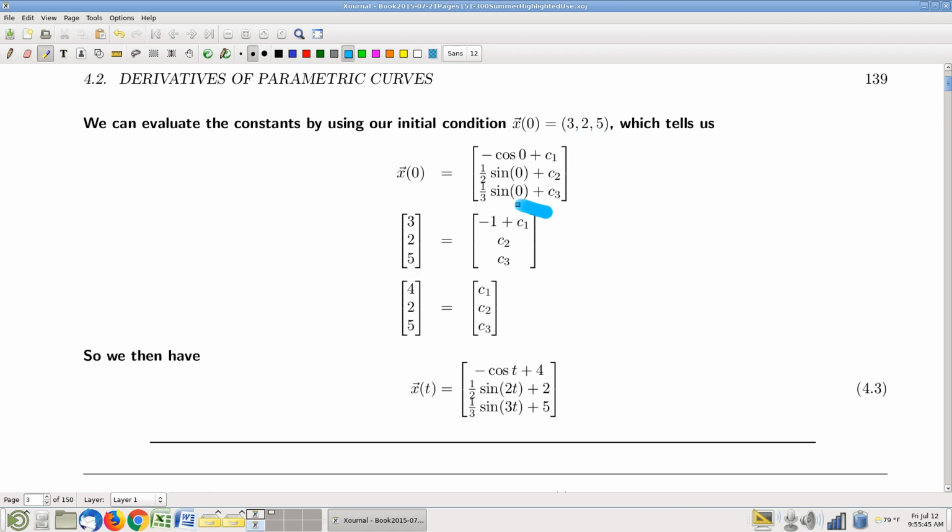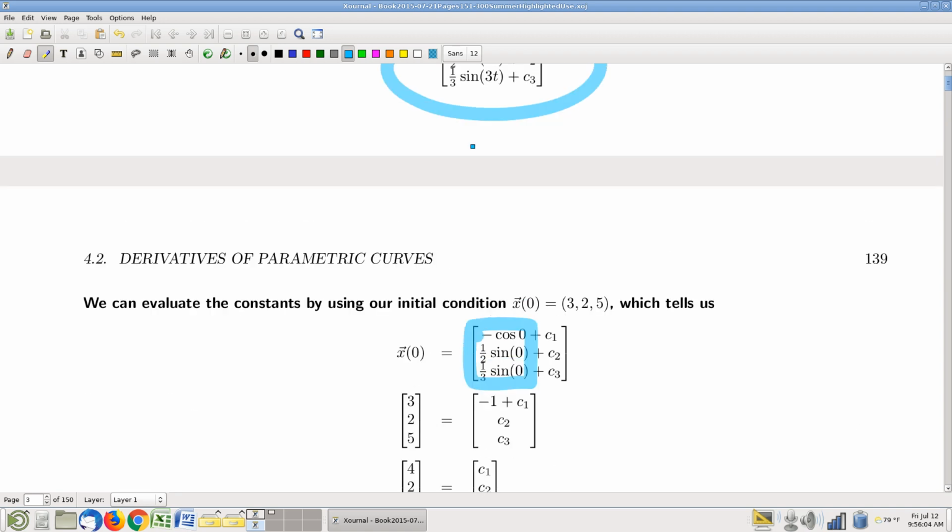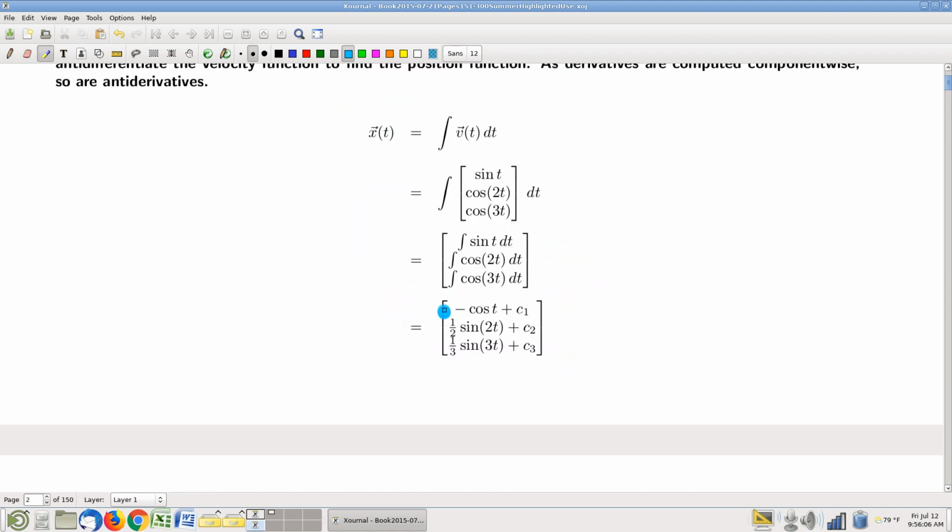But notice it's not. 325 is not C1, C2, C3. There's other junk in the equation. Why is there other junk in the equation? Well, there's the little matter of this antiderivative function there. That's the antiderivative function that we found here. This stuff does not have to be 0.